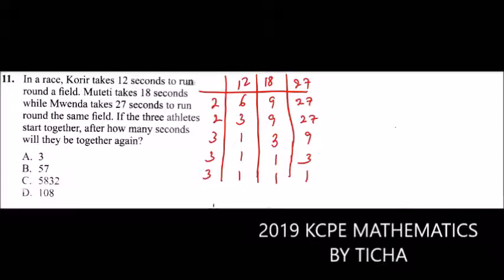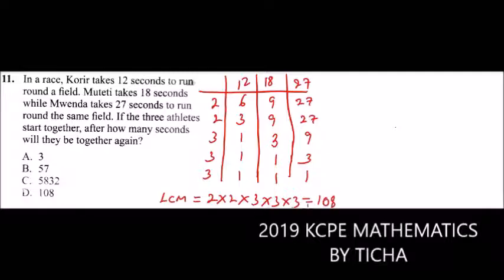So it means that your LCM is equal to 2 multiplied by 2 multiplied by 3 multiplied by 3 multiplied by 3. And when you multiply 2 times 2 is 4, 4 times 3 is 12, 12 times 3 is 36, 36 times 3, that should give you 108.